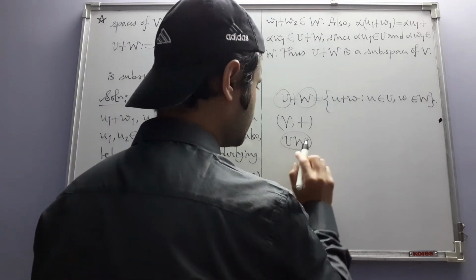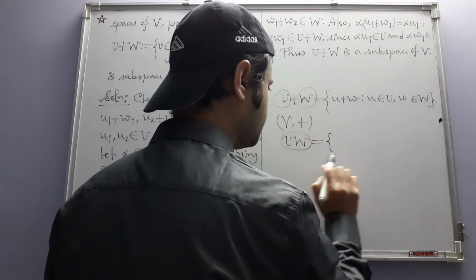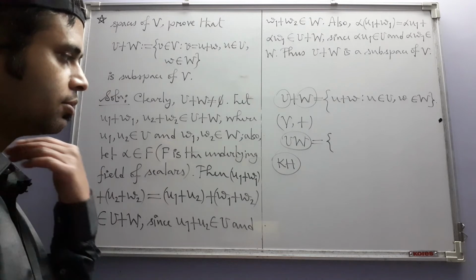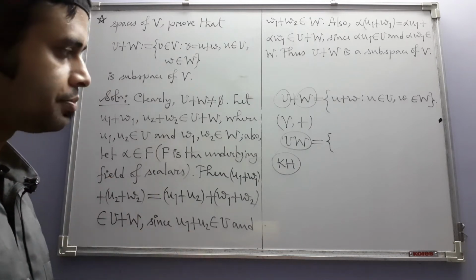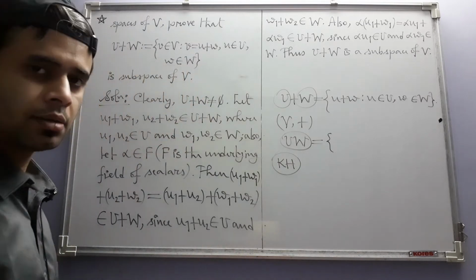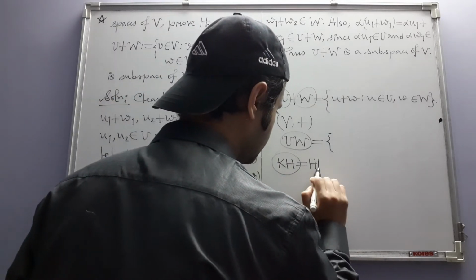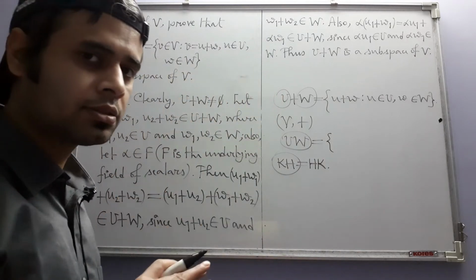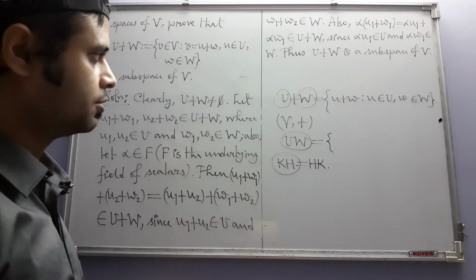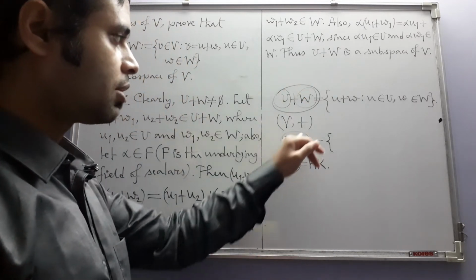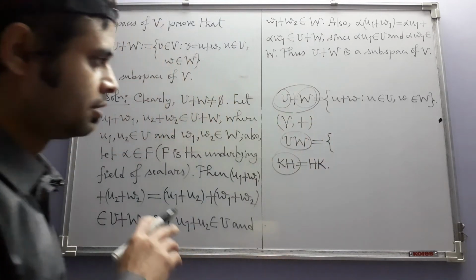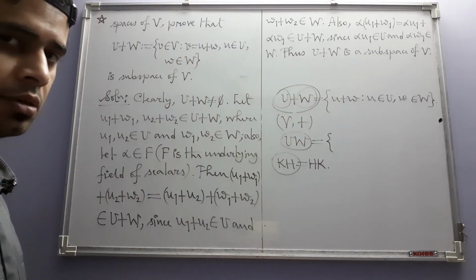Recall that thing, KH. When K and H are two subgroups of a group, then we define the product of K and H. And we in fact proved in group theory that KH itself is a subgroup if and only if KH is equal to HK. Now since this is always true in an abelian group, the product of any two subgroups is again a subgroup. Now this is one such product. Because our operation is plus, we have plus here. Okay, so U plus W is automatically an additive subgroup of V.